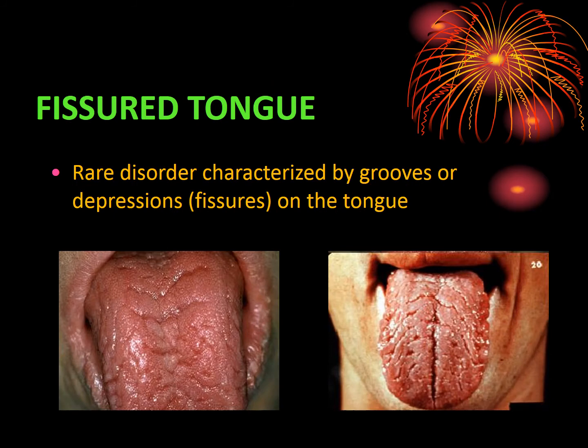Fissured tongue is a very common feature. This is because of the presence of grooves or depressions on the dorsal surface of the tongue. There may be either deep grooves or shallow grooves and fissures on the lateral border of tongue. This is also called fissured tongue or scrotal tongue.